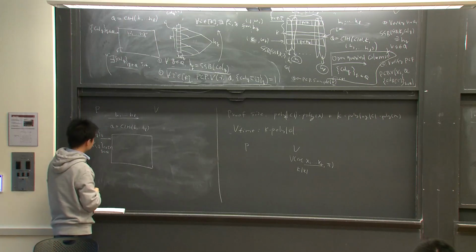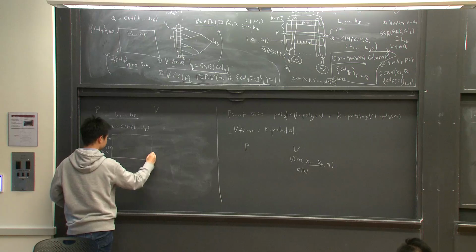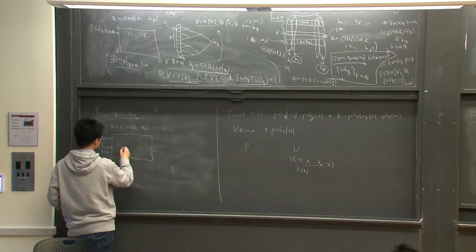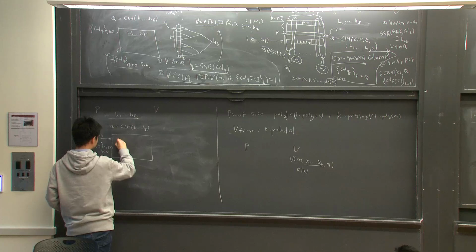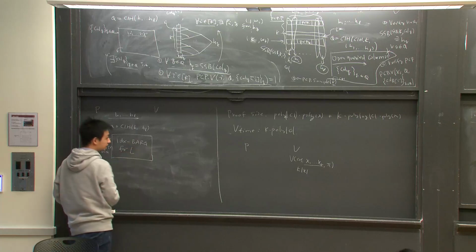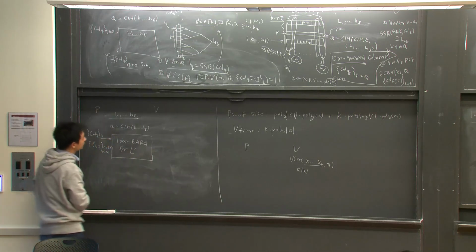Okay, and this protocol will prove. So this protocol is a new index BARG protocol. It will prove for a new instance, a new language, let's denote it L prime.